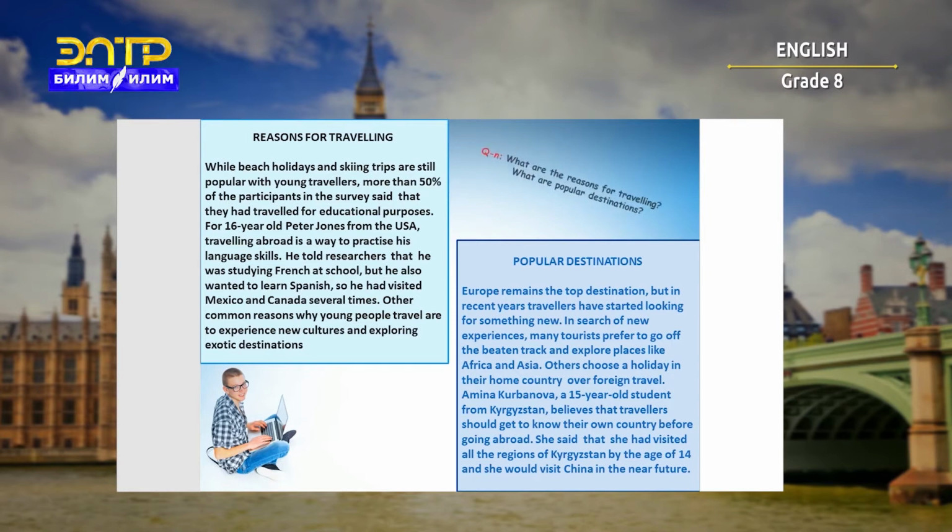Your task is, you can see two questions on the screen. The first question is, what are the reasons for traveling? The second question is, what are popular destinations? You have 1 minute to read the texts and answer these questions.